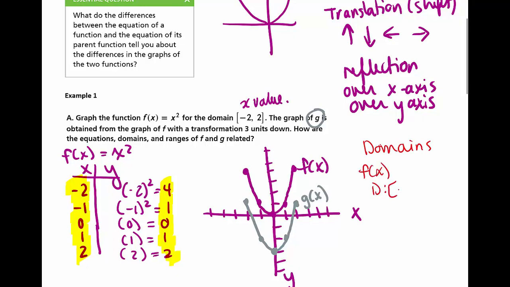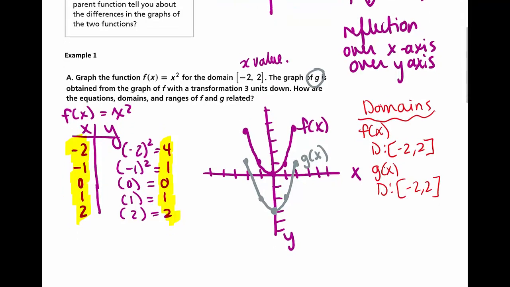So the domain was actually given in the question. And then for g, the domain, it's actually the same. It doesn't go any smaller than -2, and it doesn't go any larger than +2. So the domains have remained unchanged.